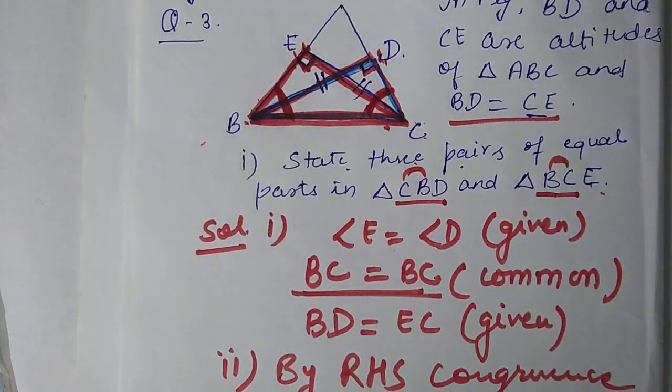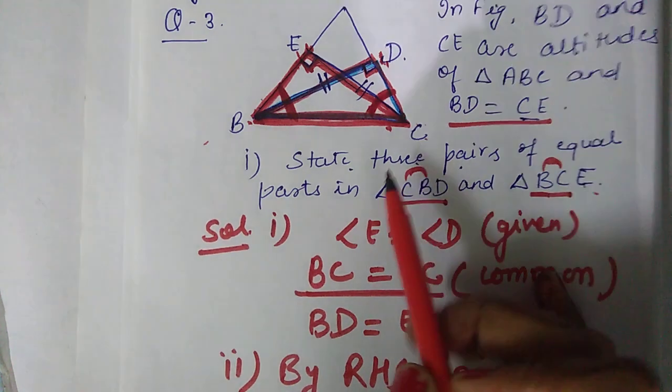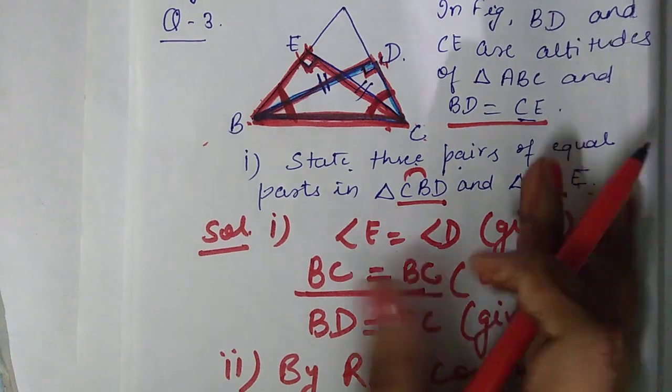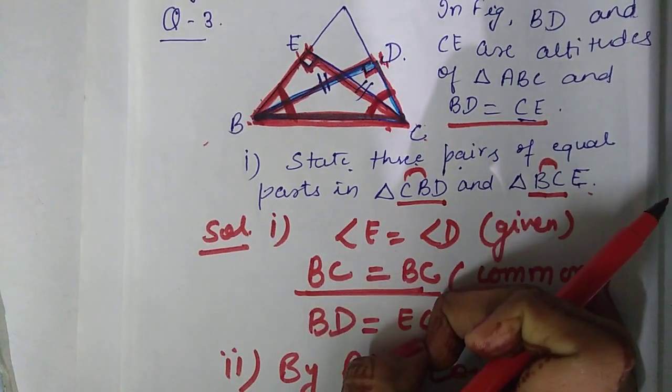Now students, first you have to revise all the rules that I have explained. That includes SSS congruence rule, SAS, then ASA, and RHS. We have 4 rules for proving the triangles to be congruent. You have to revise them, and in each rule the questions are of the same type. In every question they are asking first the 3 equal parts, and then they are asking, are the triangles congruent?